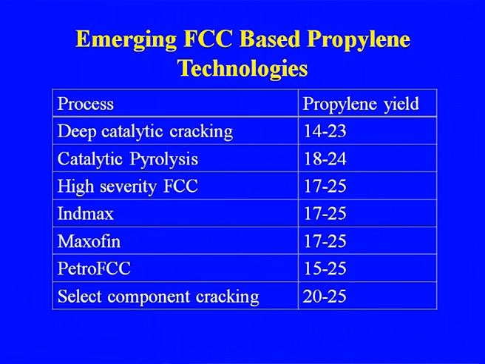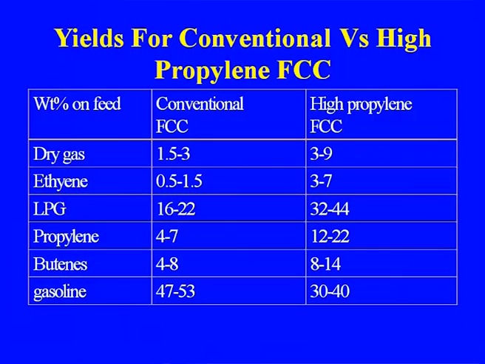Select component cracking means the catalyst will be such that it will be more selective towards propylene. The yields of conventional versus high propylene FCC, this is again one figure I am giving, the composition of the gases which you are getting.